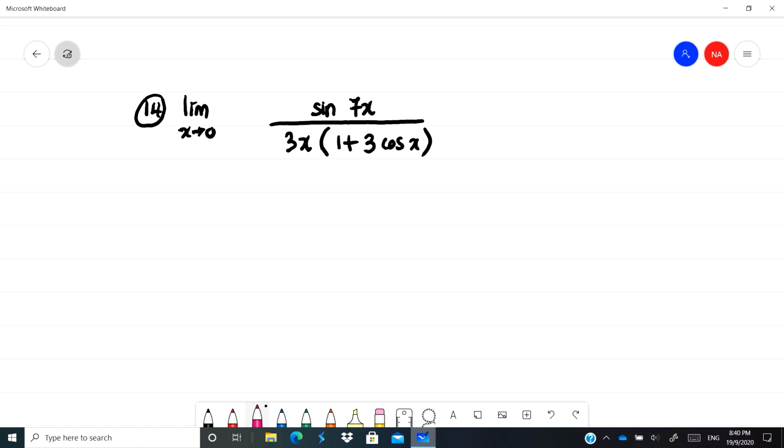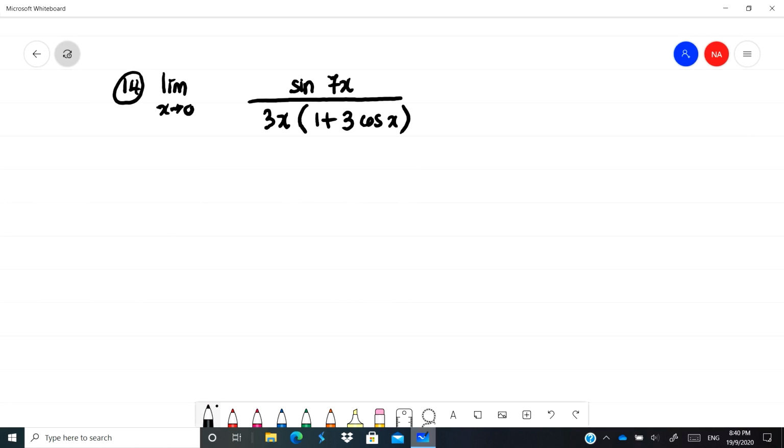Okay, so the last one here. If we have something like this, always bear in mind, we want to put this sine 7x with 3x, because we want to have it in the form of sine x over x. So we try to modify a little bit. We'll have the limit as x approaching 0 of sine 7x over 3x multiplied with 1 over (1 plus 3 cos x).